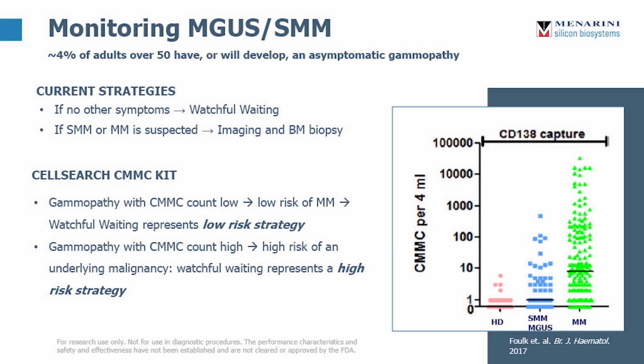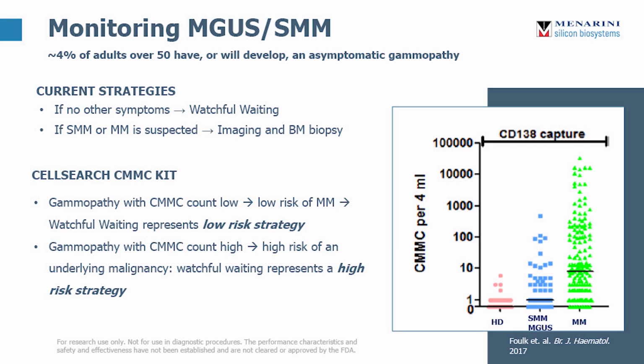So this suggests that we can think about CMMC count and even the precursor conditions to multiple myeloma. The current strategies in monitoring this in patients, if you develop monoclonal gammopathy, is if you have no other symptoms, sort of watch and wait. If it's suspected for some other clinical presentation that there is smoldering multiple myeloma or multiple myeloma, then you progress to imaging and biopsy.